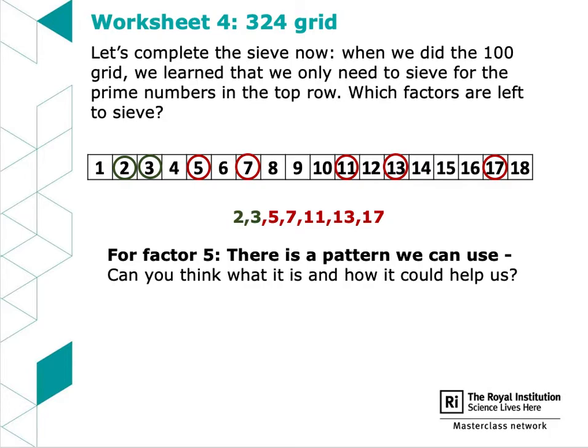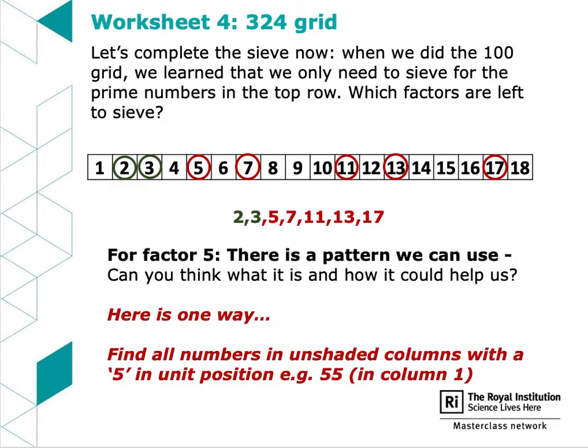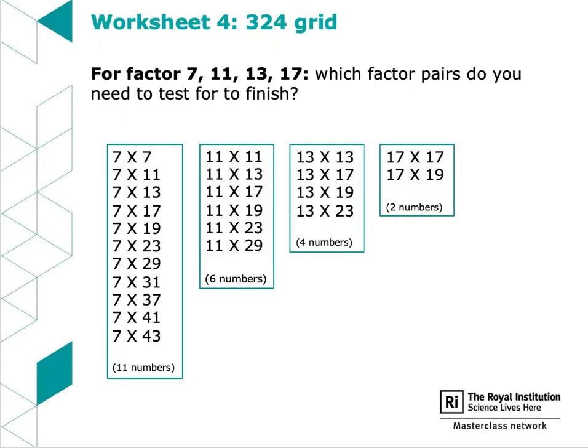For factor 5, there's a pattern we can use. Can you think what it is and how it could help us? Here is one way. Find all numbers in unshaded columns with a 5 in the units position, for example 55 in column 1. For factors 7, 11, 13, 17, which factor pairs do you need to test for to finish?